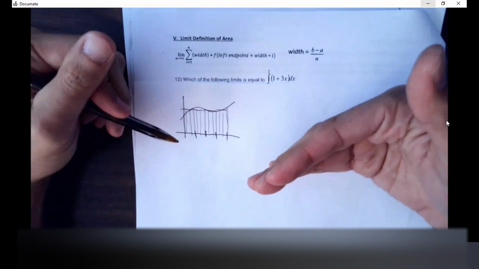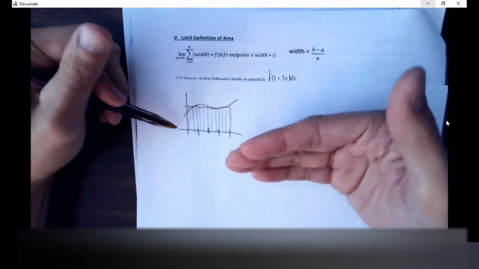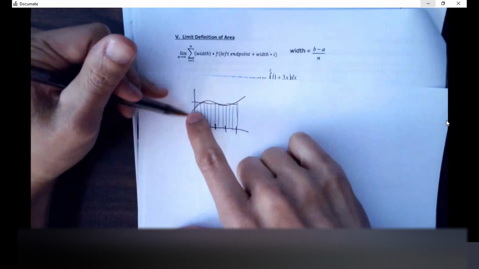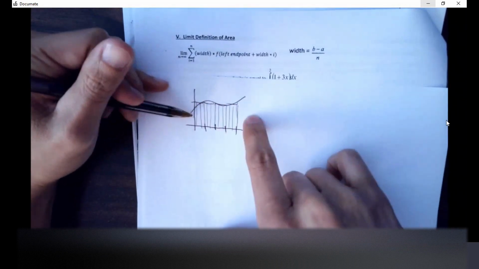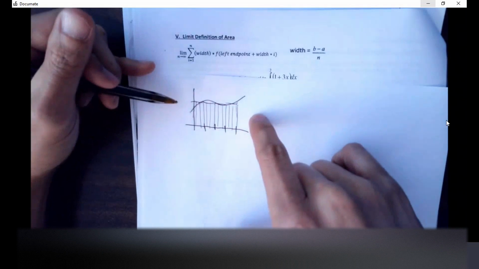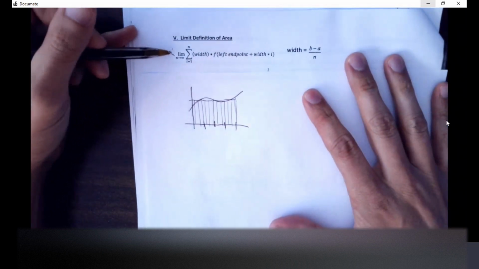But that begs the question, what if we keep increasing the number of rectangles until we have an infinite number of rectangles? Technically, shouldn't that allow us to fill in all the gaps, so that we not only get a good approximation, we can actually get the actual area? That's the idea behind this.